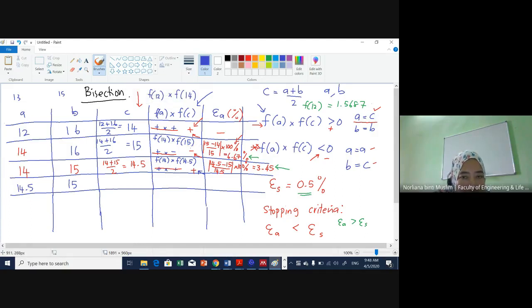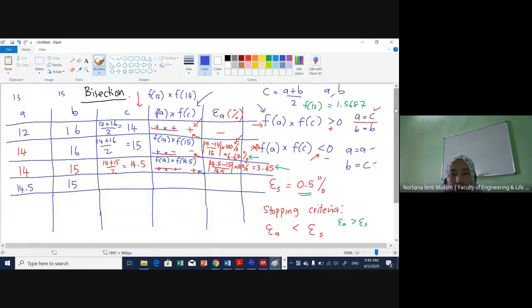So this one I want you to complete the table. Complete this numerical table, and I will check the completed values in the next class.